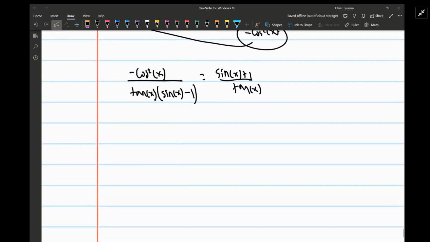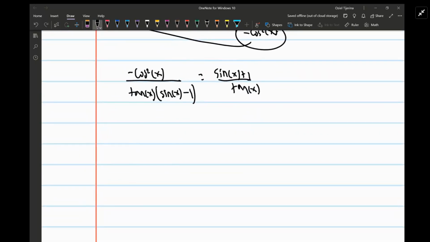And so we know that if we do cross multiplication, we get negative cosine squared of x times tan x equals sine of x minus 1 times sine of x plus 1 times tan of x.